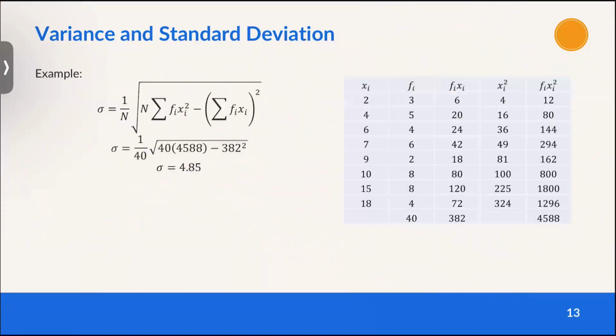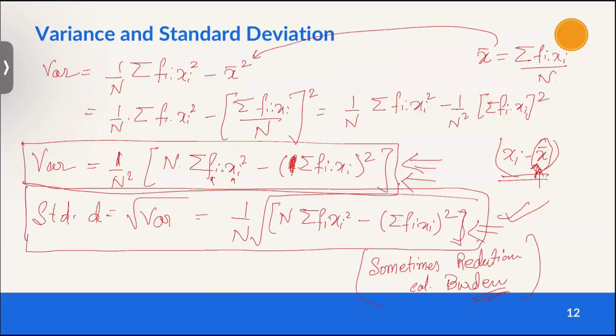You can use either this expression or this expression to calculate mean, variance and standard deviation. I have written the formula here for clarity. Standard deviation sigma is equal to 1 by n root under of n times summation of fi xi squared minus summation of fi xi, whole squared. What terms do we require for this formula? We require summation of fi times xi, and second, summation of fi times xi squared.